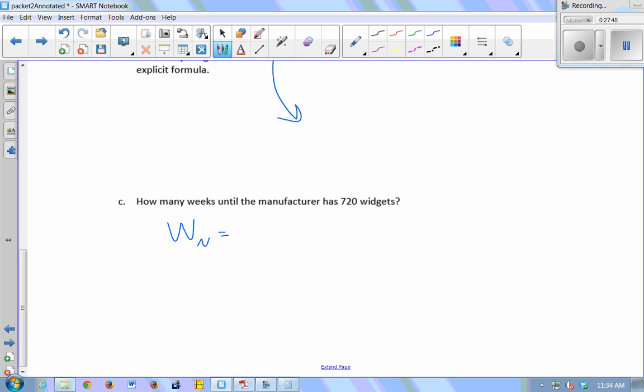I'm going to use the explicit formula because I only know the first 3 numbers in the list. If I'm looking for when I get to 720, I don't know the number before that, so the recursive formula won't help me. Now they're asking me how many weeks. N is representing number of weeks, so I'm going to be solving for n, which means I'm going to replace the W with 720 widgets.